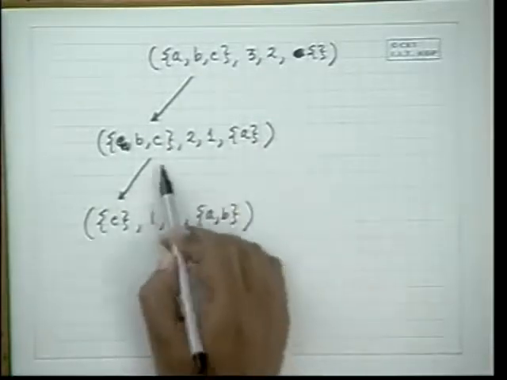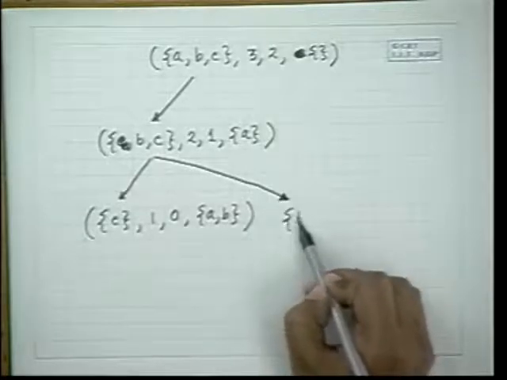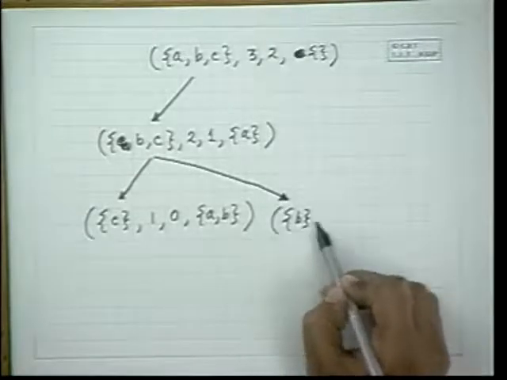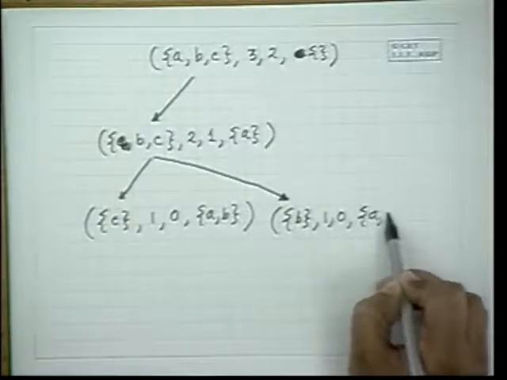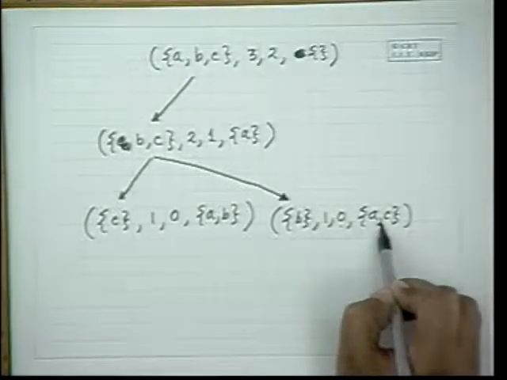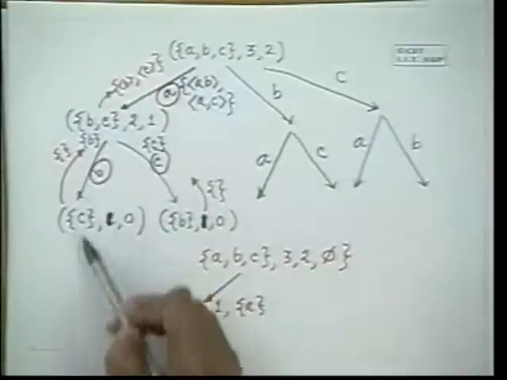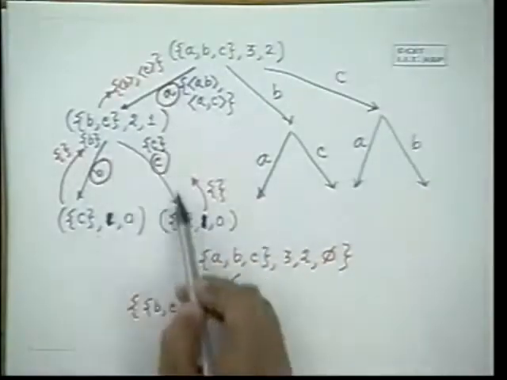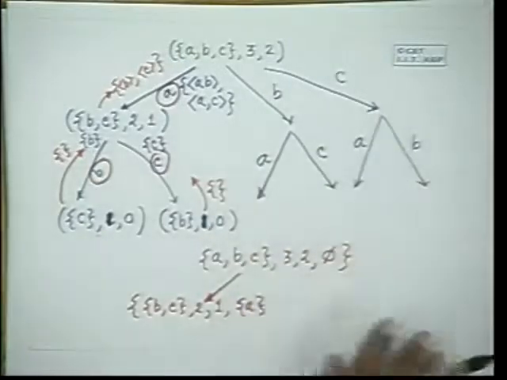You don't have to return any value. Then again it will come here. It will be B, 1, 0 and A, C. And once R is 0, you just print it. So this way you can print AB, come here, print AB, come here, print, come here, and so on.